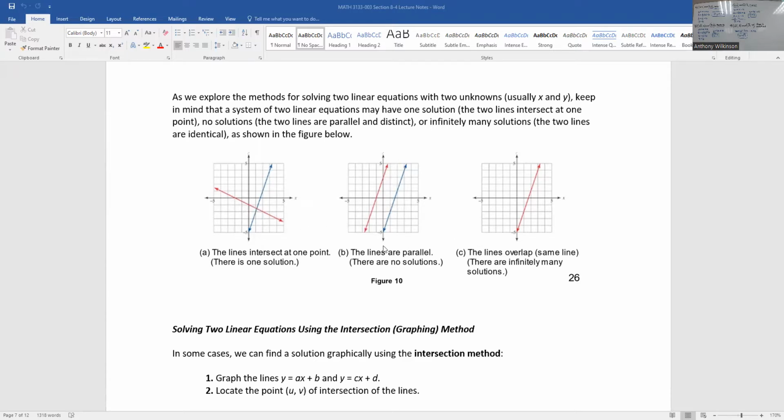If it's parallel, that means they're not going to cross each other at a point. So that means that the system will have no solution. Now, you may have infinitely many solutions, as indicated here. One lies on top of the other. That means you're going to have the same line. Okay, so that means that there will be infinitely many solutions for something like this. So those are your three possibilities here.